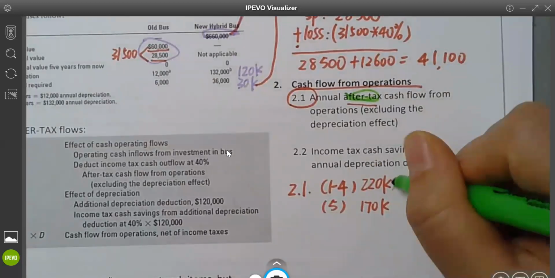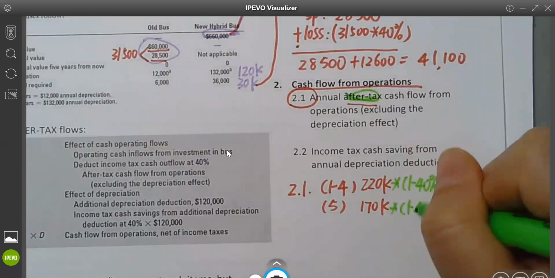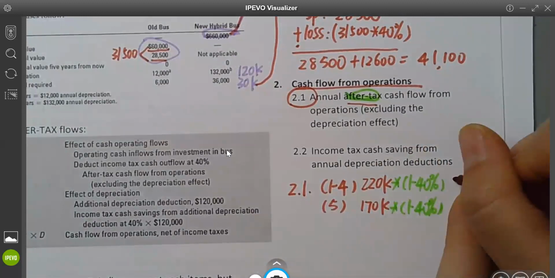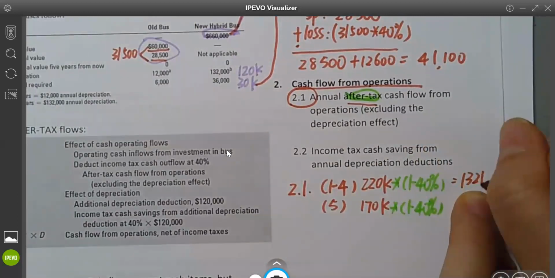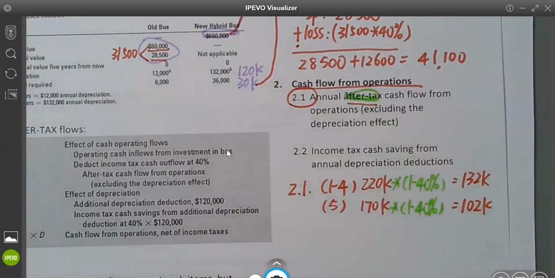We keep 60%, Uncle Sam takes that 40%. So that will be only 132,000. That only will be 102,000 after tax.